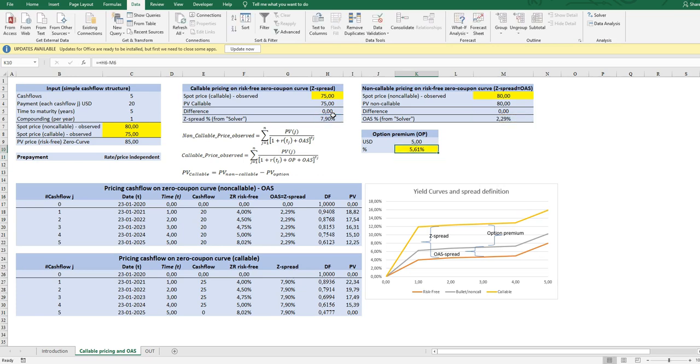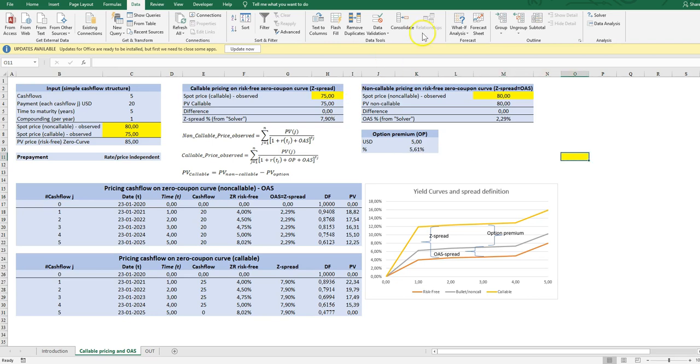Many people, they confuse the concept about the OAS and the option premium. Many think that the OAS is actually the Z-spread of a callable structure, but it is not. It's actually the same premium as that for an otherwise equivalent non-callable bond.